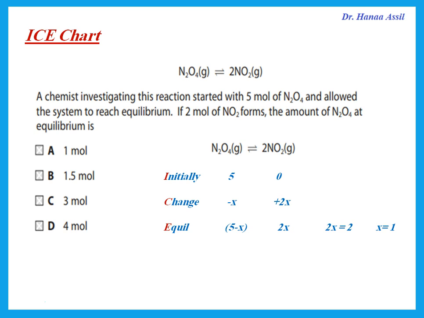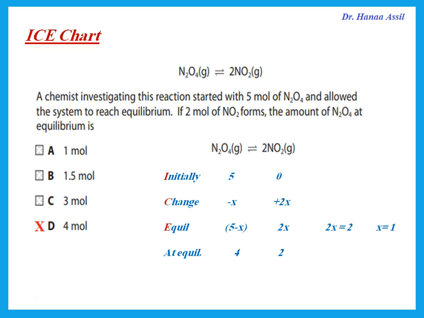Now he's saying that at the end 2 moles of NO2 form, and that means the 2x that I said should form is actually 2 moles. So what is x? That means x is 1. And that means that at equilibrium, I am left with 4 moles of N2O4 and 2 moles of NO2.